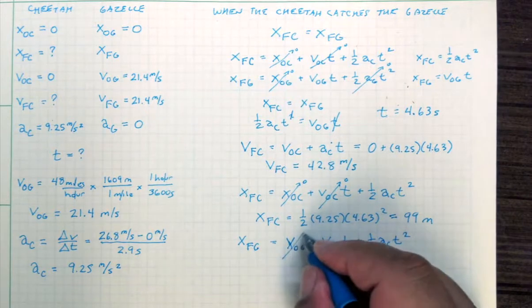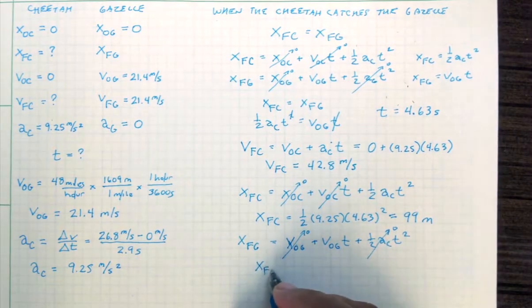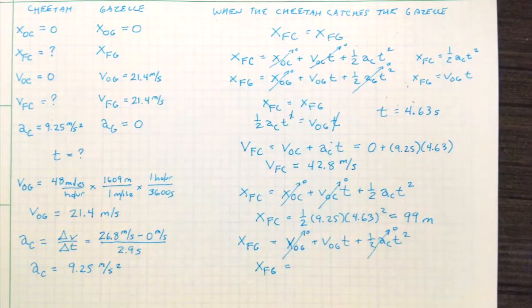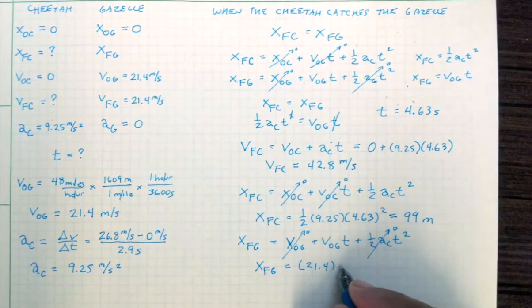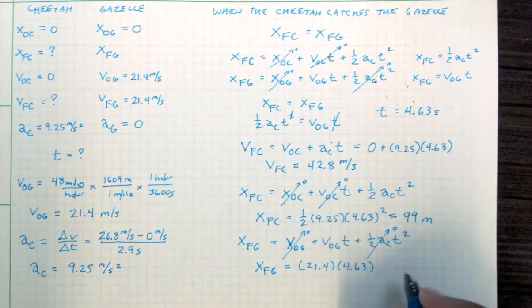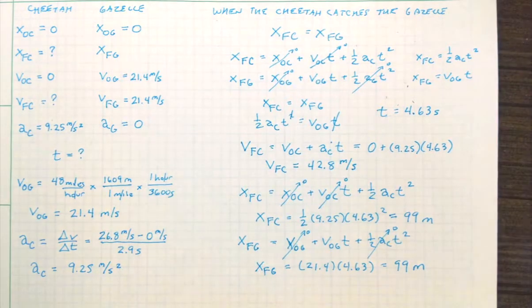Again, the equation is simplified when realizing that so many of the quantities are 0, and so the final position of the gazelle comes down to taking 21.4 and multiplying by 4.63. And this, once again, gives us a result to two significant figures of 99 meters. So, the two final positions agree, and the chase took approximately 99 meters. Again, in reality, the chase would probably have lasted longer, but this is the distance with constant acceleration.